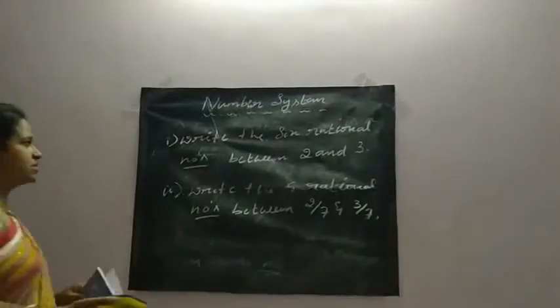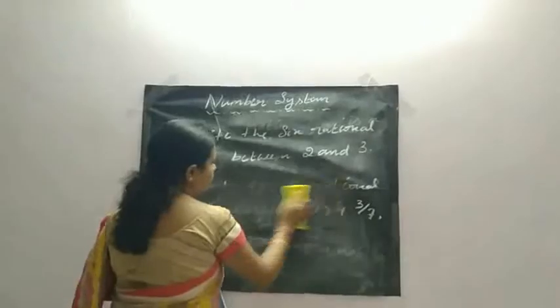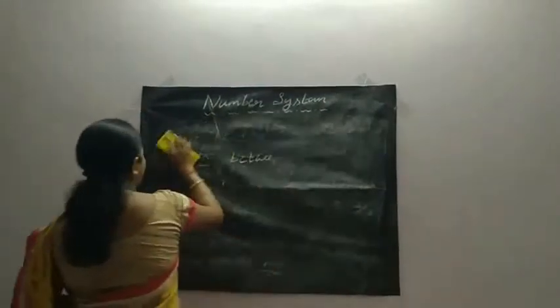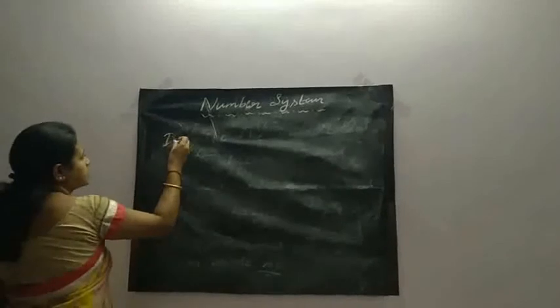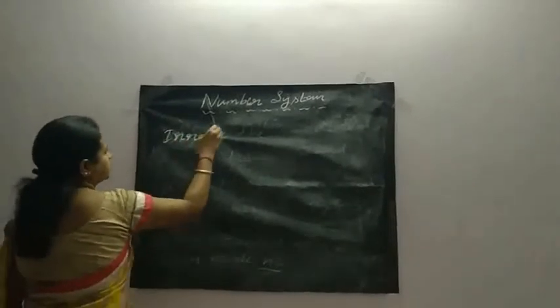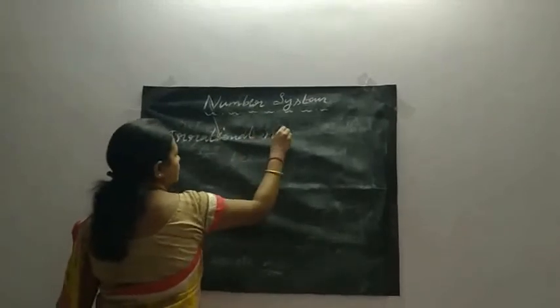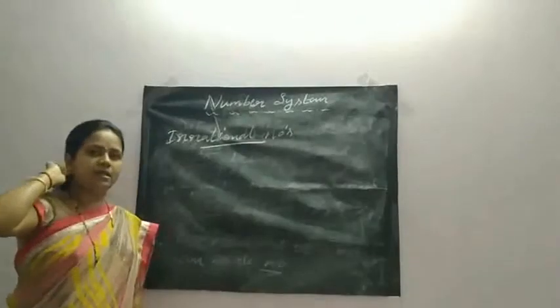So the next one is, children, irrational numbers. So we have studied about the rational numbers, isn't it? Okay, then can you tell me what do you mean by irrational numbers? Irrational numbers, children.